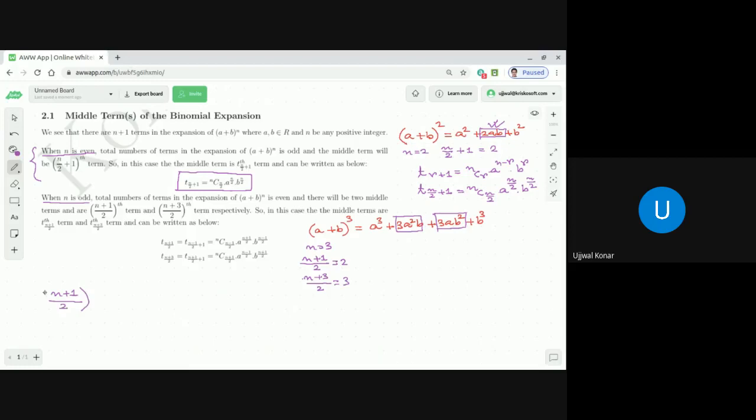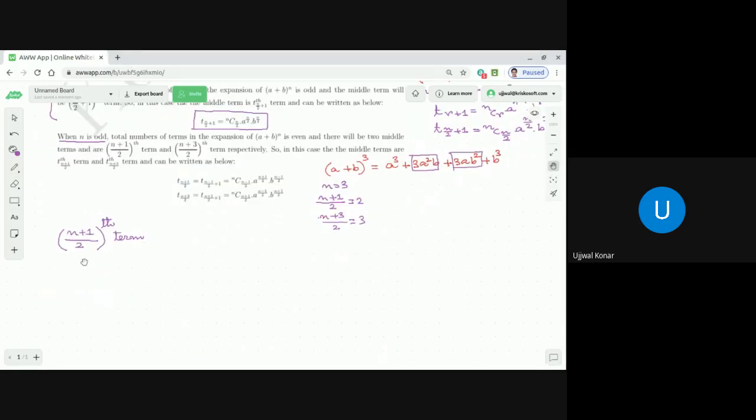The ((n+1)/2)th term we can express as something plus 1, so that is equal to the ((n-1)/2 + 1)th term. Correct?